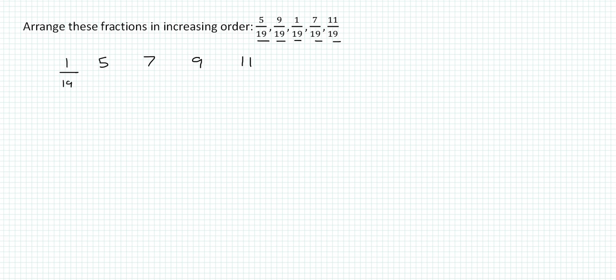So the denominators are the same, and in increasing order, 1/19 is less than 5/19, this is less than 7/19, this is less than 9/19, and this is less than 11/19.